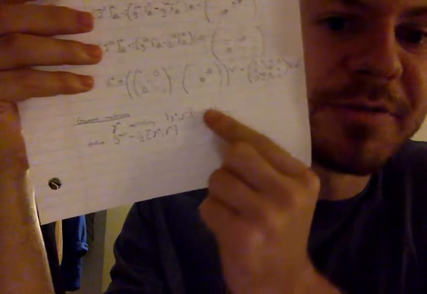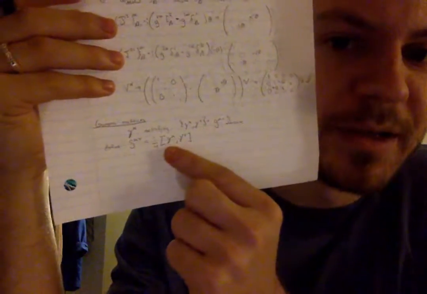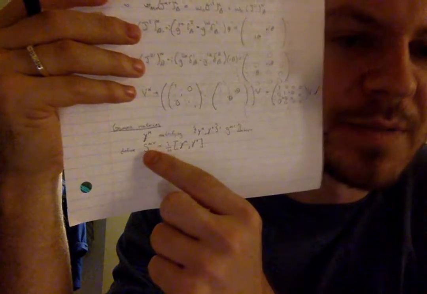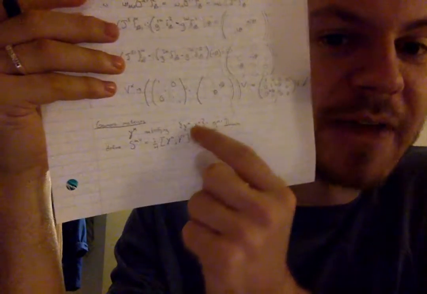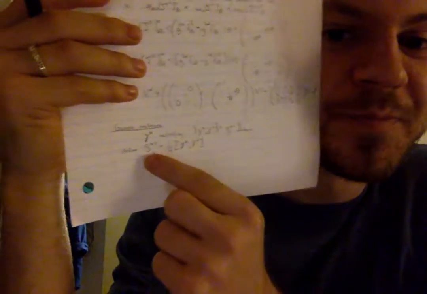The anti-commutator defines the gamma matrices, and this is how we use them to define a new matrix, S mu nu.